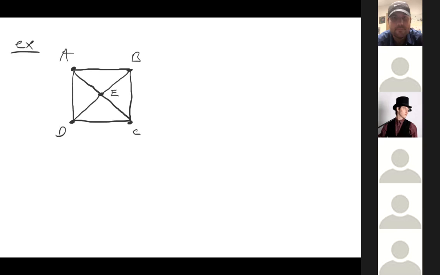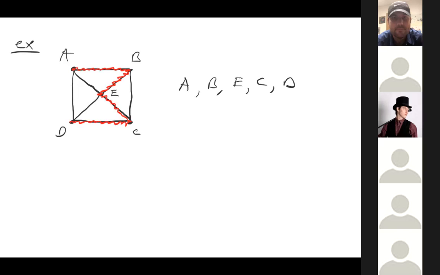So I could start at A. I've hit A, then I could run over to B, then run over and hit E, then run over, hit C, run over, hit D. That's a Hamilton path. I've hit every vertex. Notice I don't have to hit every edge. So the one I just did is A, B, E, C, D.